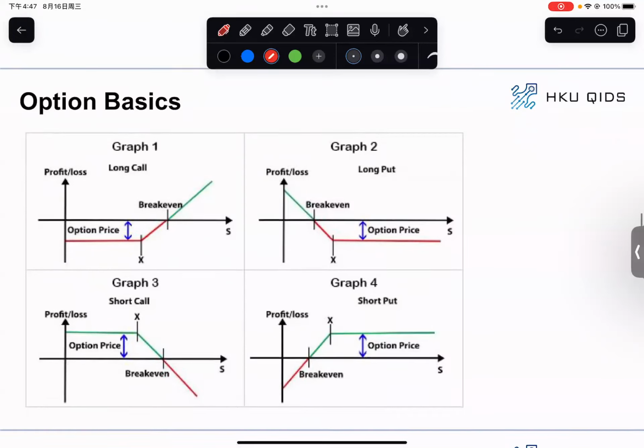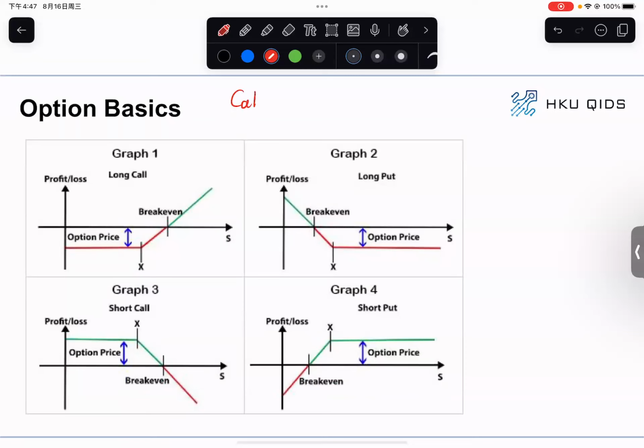So let's see the first graph. Basically, we have two kinds of options, call and put. Call is basically the same as a long position, and put is basically like a short position, if I'm buying a call or buying a put. And of course, if I'm selling a call, then it will become a short position. So for a long call, we have a strike price K here.